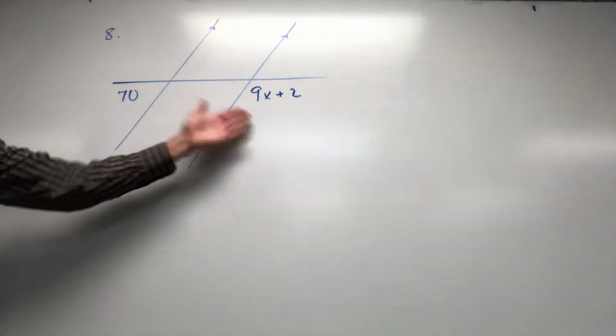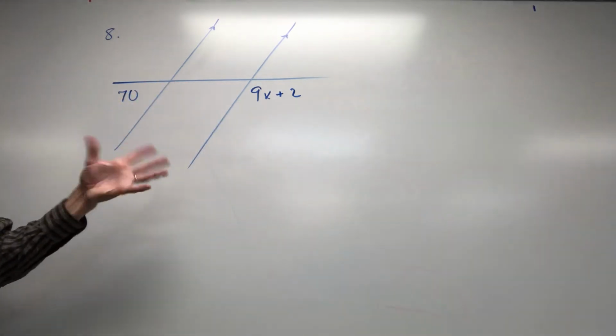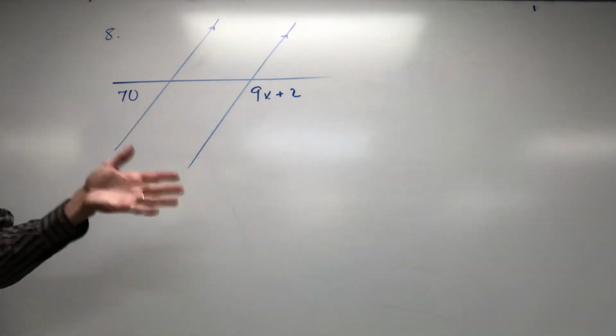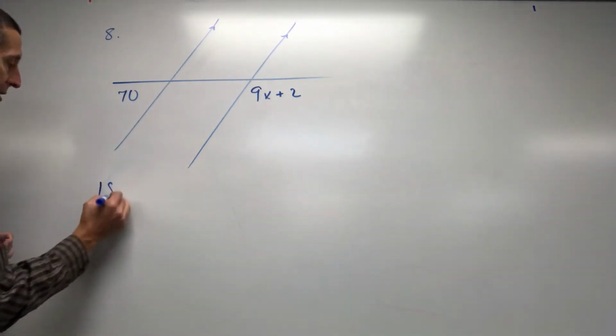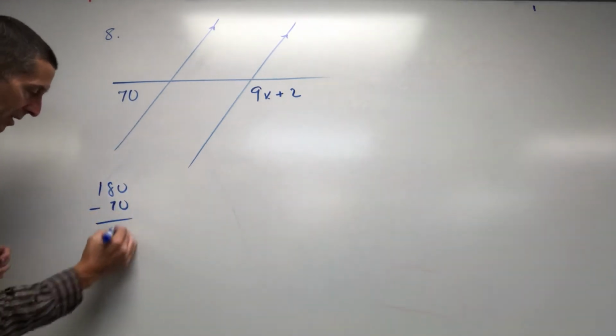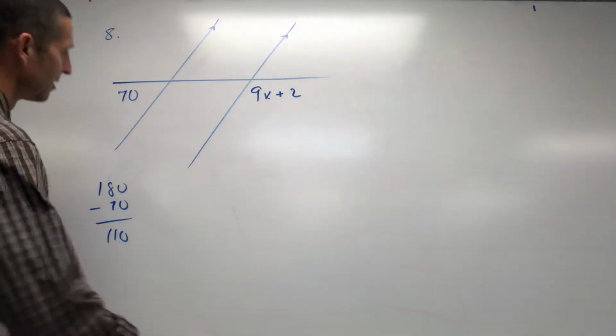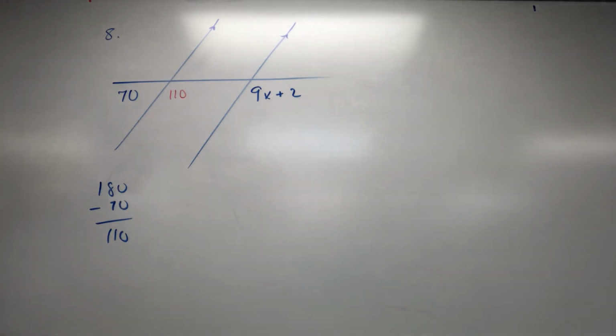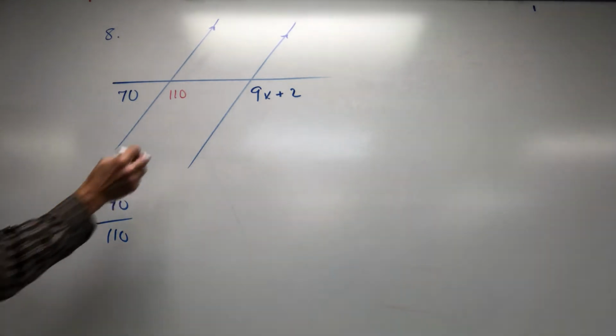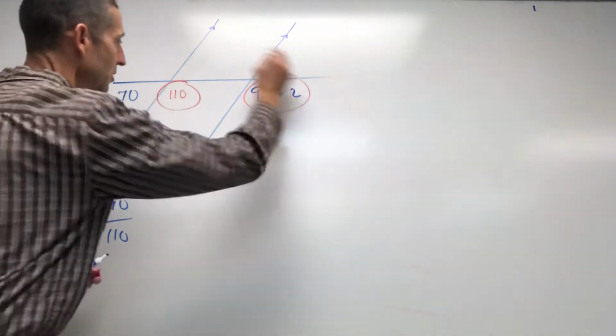So right now they're not something we deal with a lot. They're not like corresponding or alternating interior. So we can do this move right here. We can do a 180 minus 70, get 110. So if this is 70, we can use that angle as 110. Now we've got something we deal with all the time.